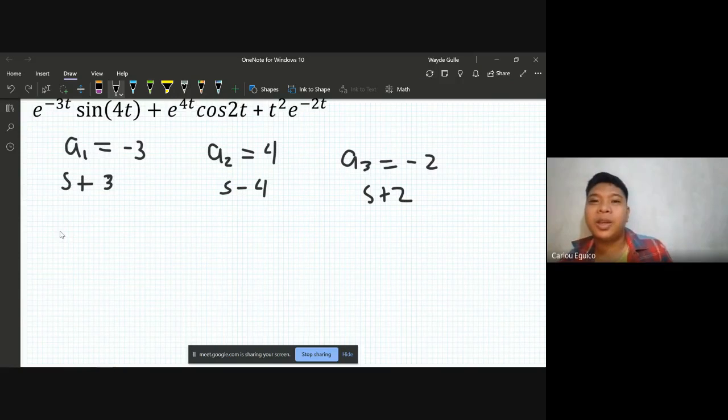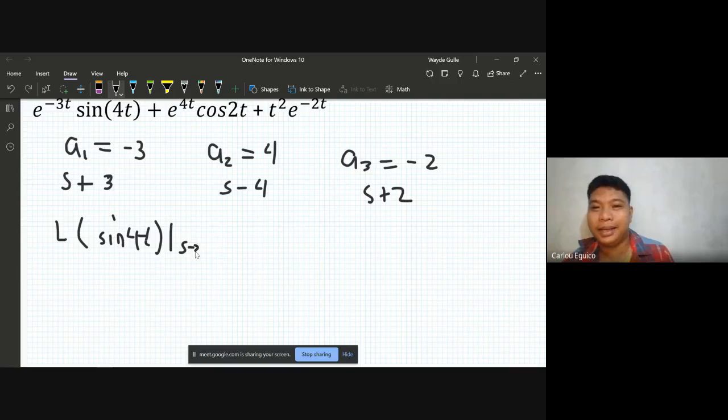Next, we're going to get the Laplace transform of each term in our polynomial. So the Laplace transform of sine 4t, parallel s plus 3.